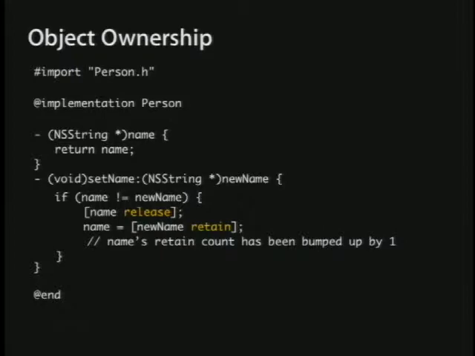And again, there's no turning back. And then you're going to try and retain it, but you've already deallocated the memory. So the way to do this is you check to see that the value coming in is not the same as the one you already have. Then you release the old one, and then take the new one with a retain count.